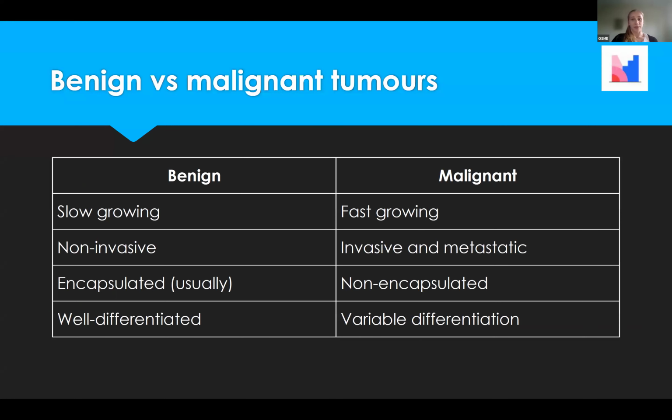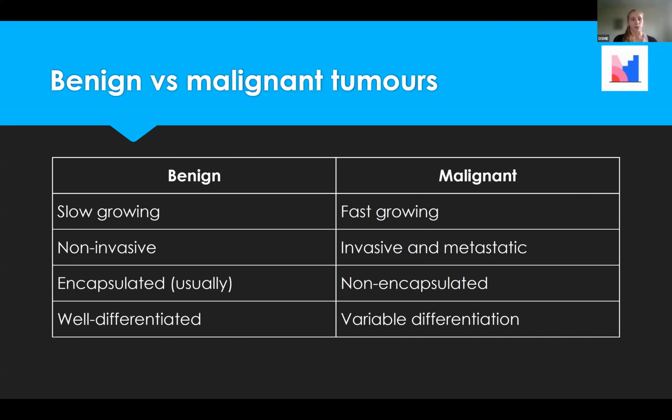So first of benign versus malignant tumors, you have probably heard about these already. So you probably roughly know that benign tumors are those relatively harmless ones, and malignants are those that can be pretty harmful. And the main reason for it is because the benign tumors are relatively slow growing and mainly they are non-invasive. So they usually stay where they are.